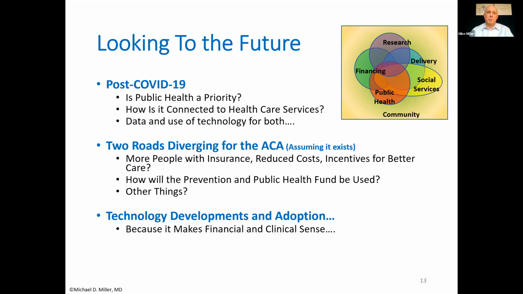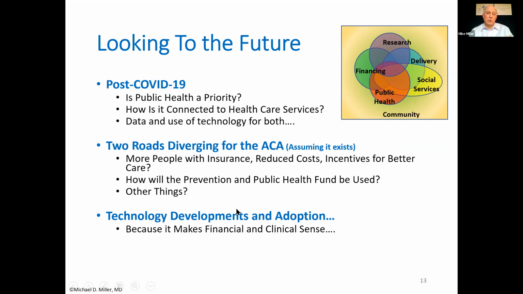So looking to the future, just a few quick areas. What's going to happen post-COVID? Is public health going to be a priority? Is it going to be connected to healthcare services more? Is it going to strengthen the relationship between those two circles? What's going to happen to the ACA is a major question. Will insurance companies go back to avoiding risk, or will they continue to move forward working with healthcare delivery systems and clinicians and health systems like BHS to try and reduce costs and improve care?